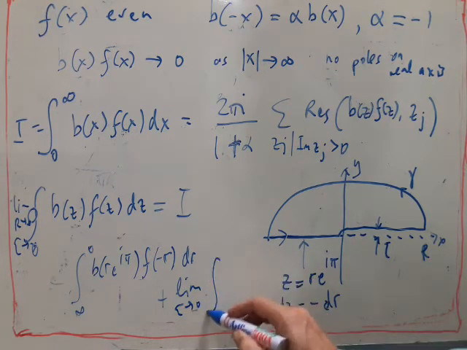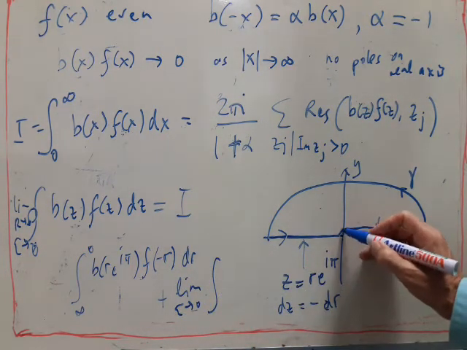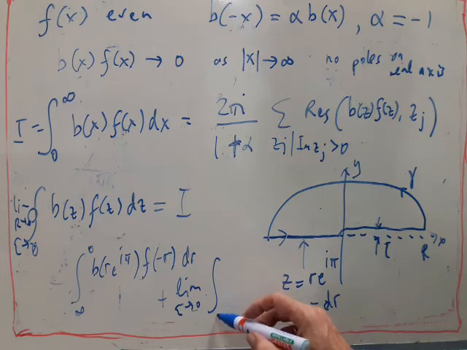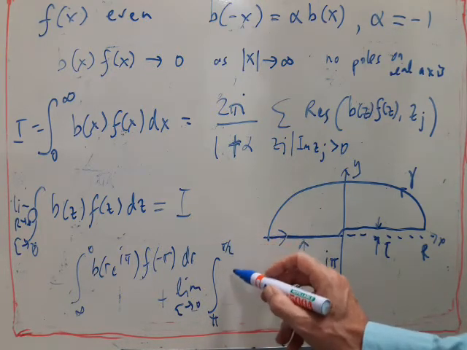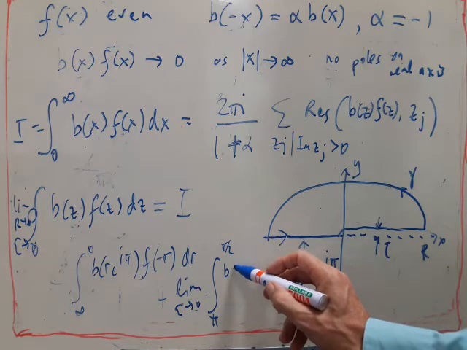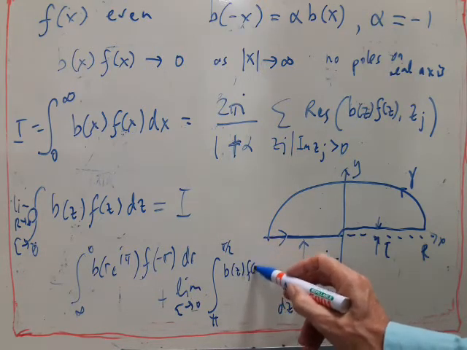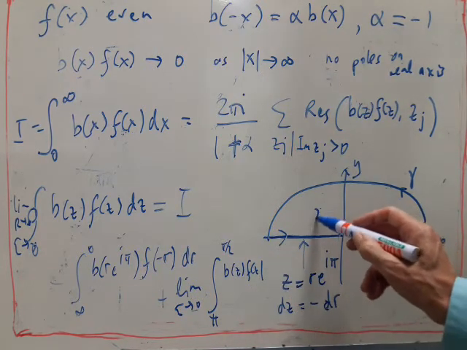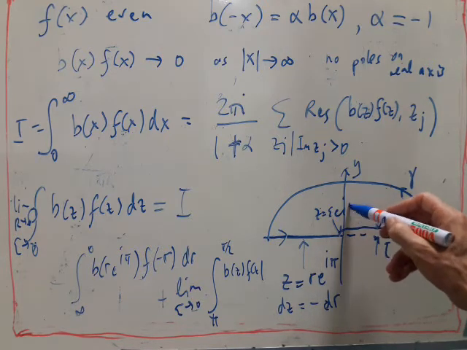I've also got possibly the limit as epsilon goes to 0 of this bit around here, from theta equals pi to pi by 2 of b of z and f of z, where z is on the little circle around here.